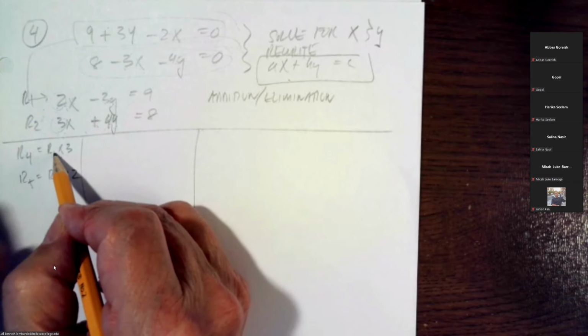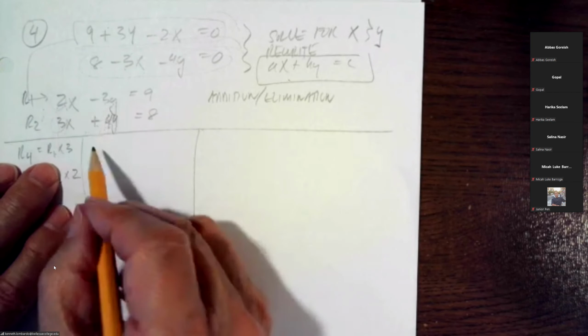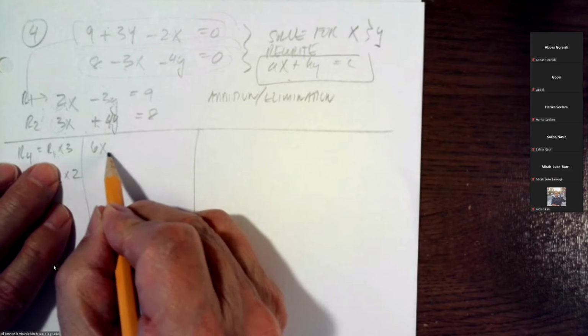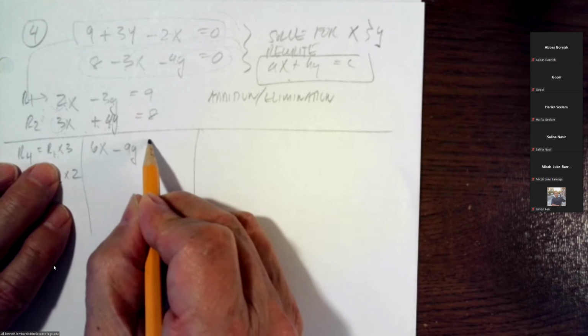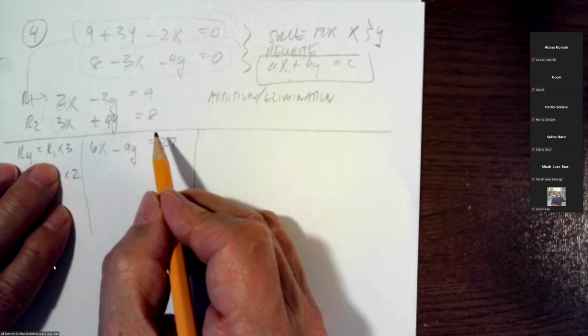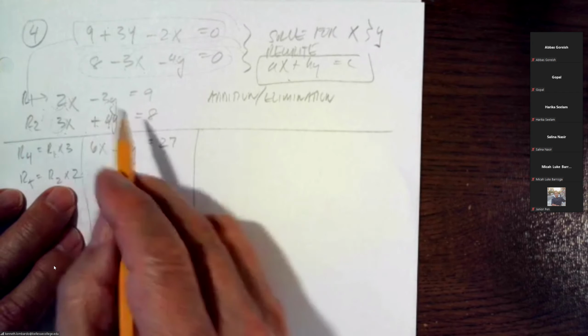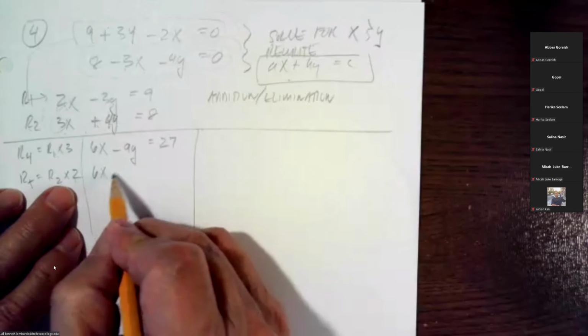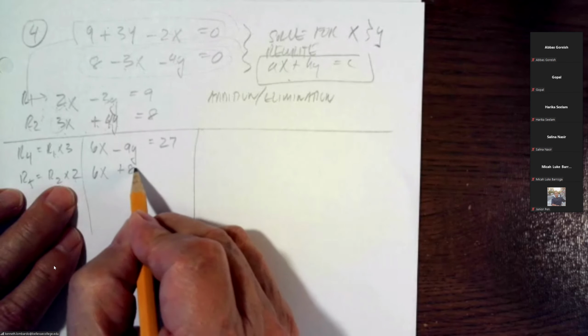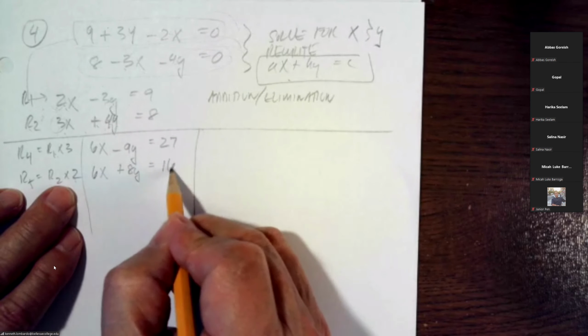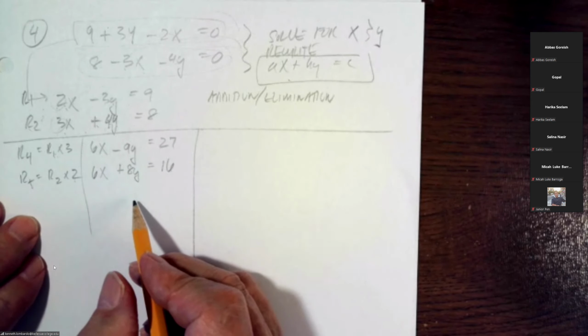So row 1 by 3 should give me 6x minus 9y equals 27. And row 2 by 2 should give me 6x plus 8y equals 16. Everybody agree?